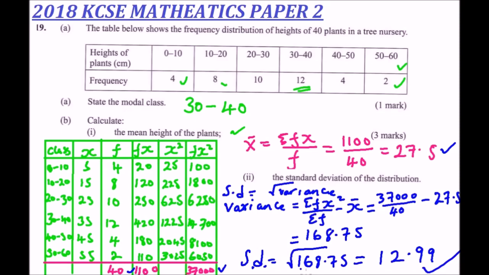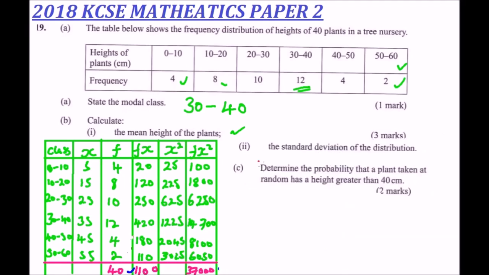part C of this question. We are required to determine the probability that a prime taken at random has a height greater than 40 centimeters. If you come to our table here, the primes between 40 and 50, we have 4.